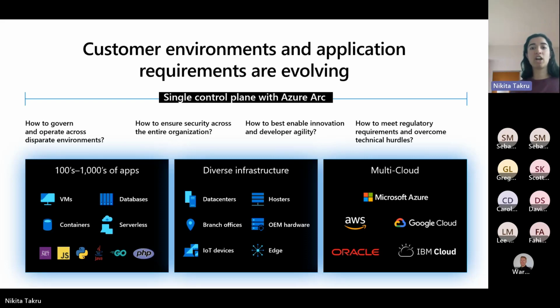Applications today are running across a diverse infrastructure with data centers, hosting environments, branch centers, offices, and you're seeing multi-cloud scenarios now. And multi-cloud is really, I have two or more clouds being used at the same time. With hybrid being this new model where you have both public cloud and a private cloud as well.